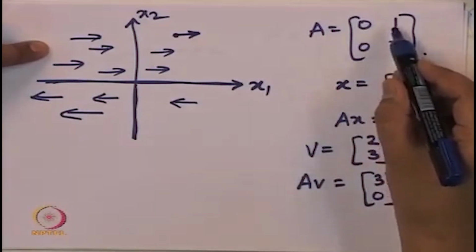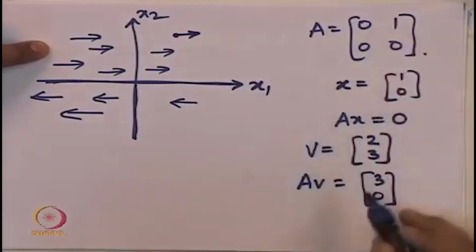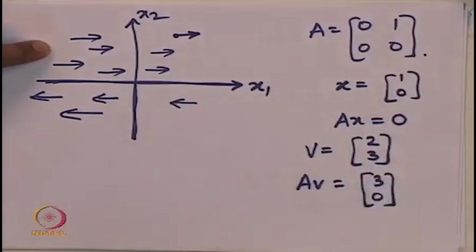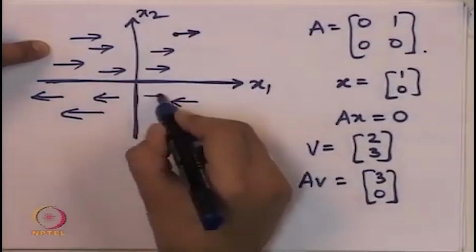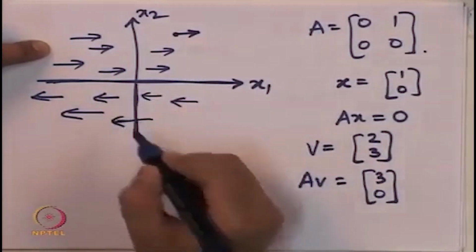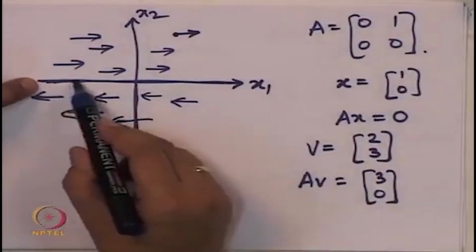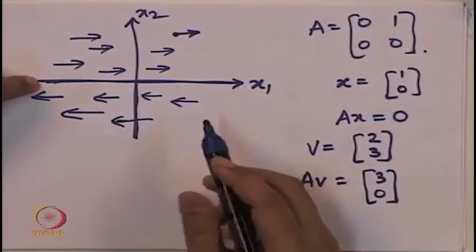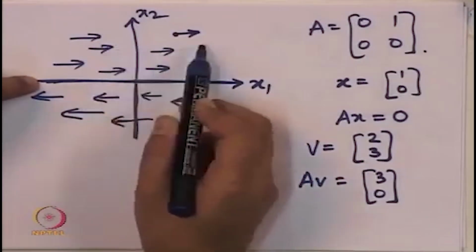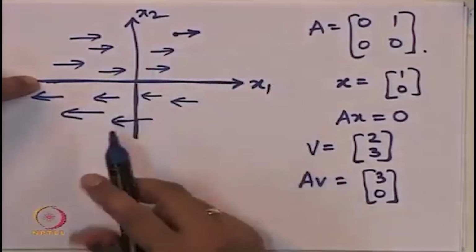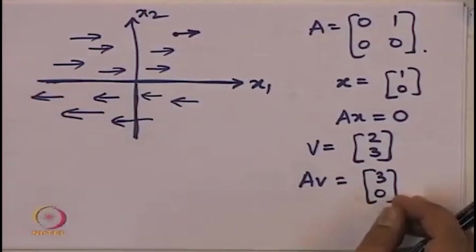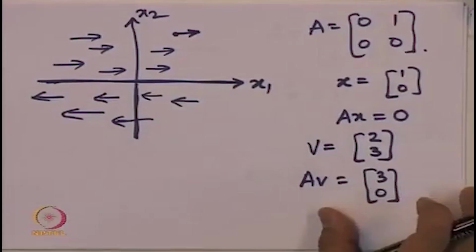When A acts on a vector v, it gives us the second component of v as the first component of A times v. So, this is an example where we have only the x1 axis as the set of equilibrium points, and every other vector is being turned towards either positive direction of x1 or negative direction of x1, depending on whether x2 component is positive or negative.